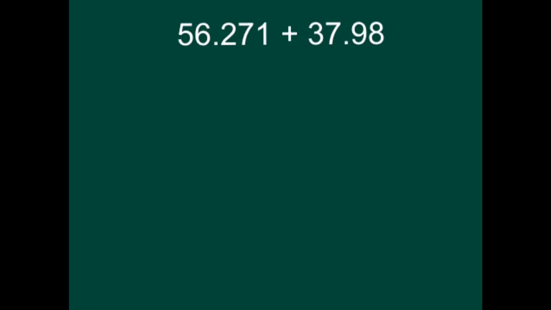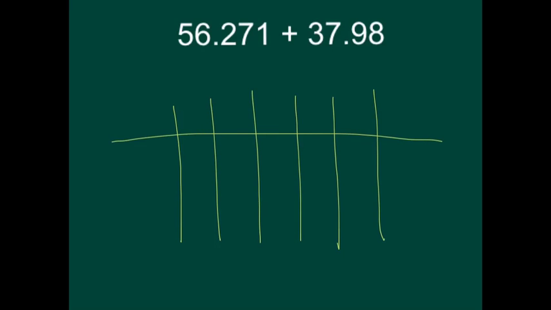For our next question, we have 56 and 271 thousandths plus 37 and 98 hundredths. Please pause so we can do the work. Okay, to solve this problem, we're going to set up our place value chart. We have our thousandths, our hundredths, our tenths, decimal, ones, tens, hundreds, thousands.